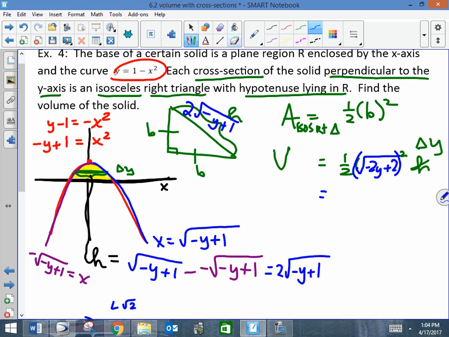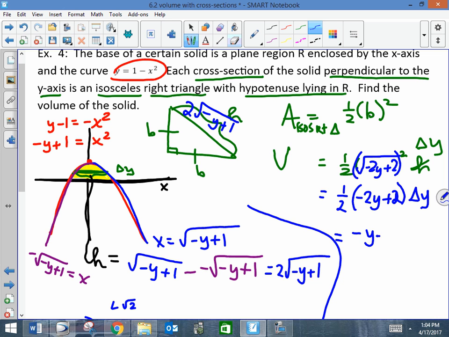Squared off, so then we don't have a radical anymore. Where's your 2 go? I don't know, I keep trying to lose it. All right, we're ready to integrate. Could you go ahead and put that in there? Sure, you mean like distribute the 1/2? Yeah, do negative y plus 1. Sure.